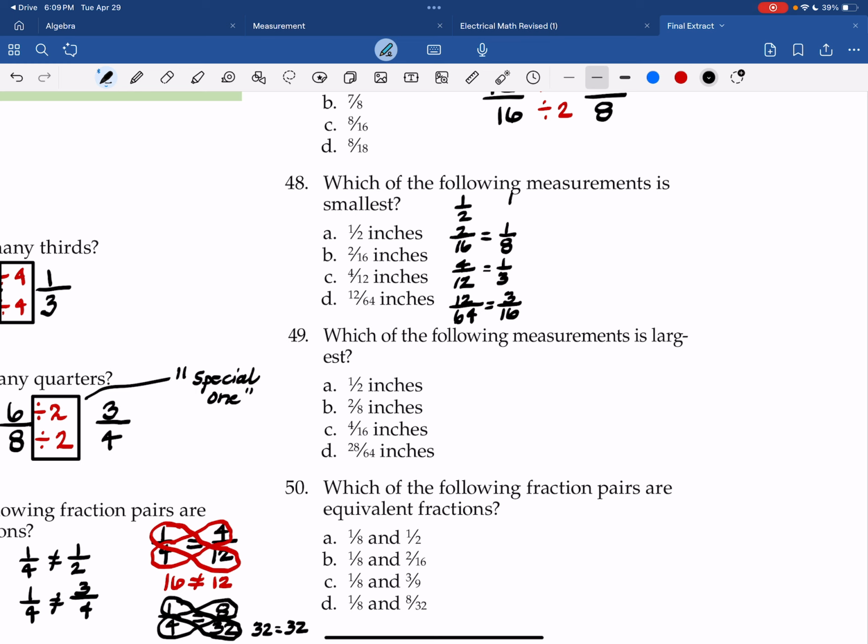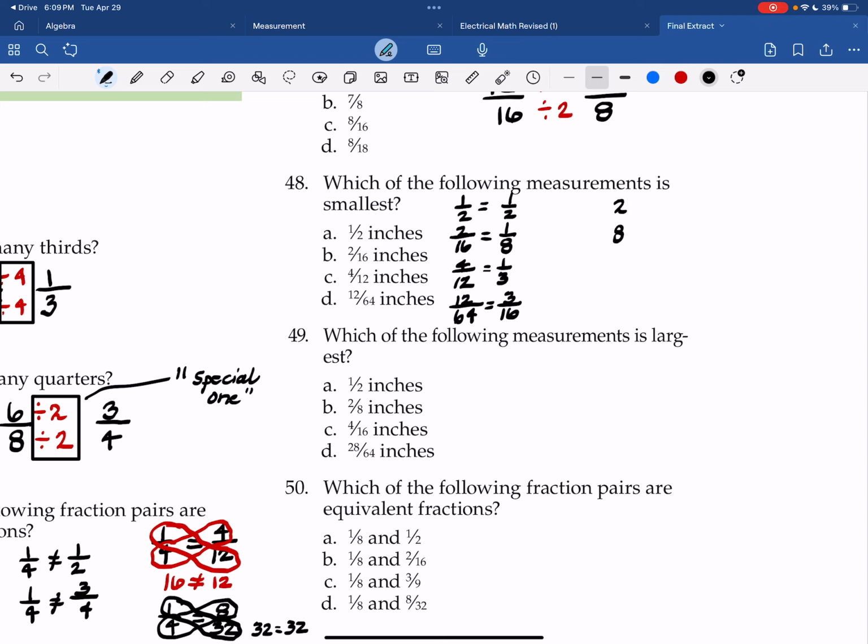So that's a little bit easier to compare. If all of them had a 1 on top, it would be a little bit easier to do. I'll show you the way that I would do this in just a second, but I'm going to not cheat here. They're not going to make it easy for me.